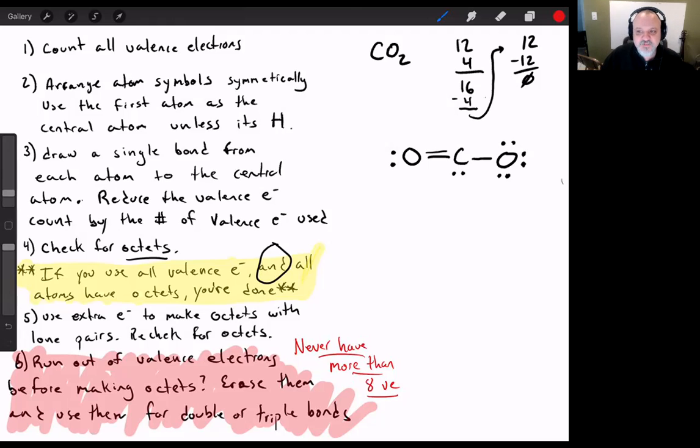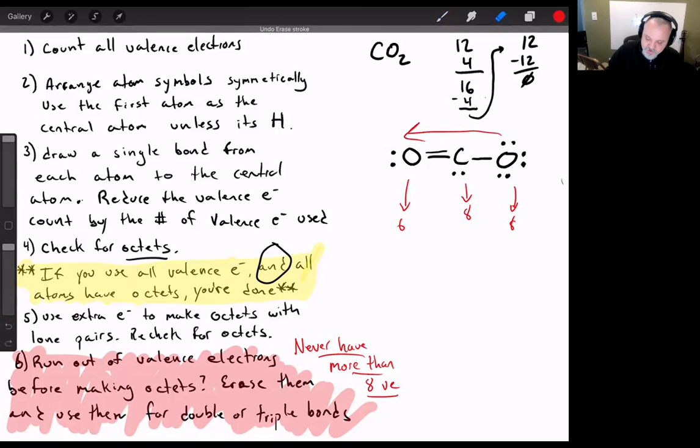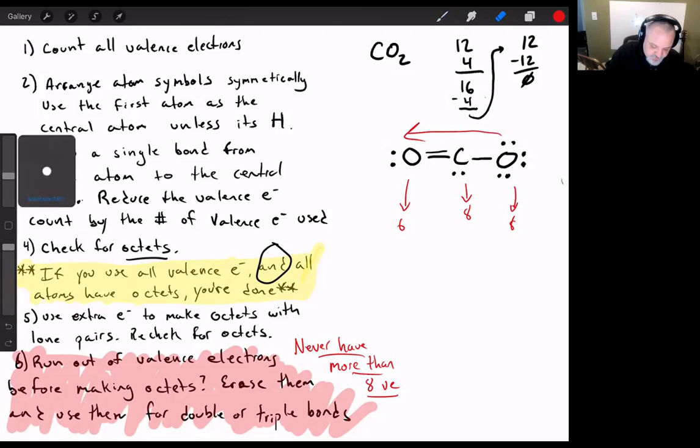What still has an octet, and what still needs to get an octet? Well, I've said that I have 8 here. I have 8 here. I only have 6 here. So I need to get electrons to move that way. And so how do I do that? Let's start erasing. Let's figure this out. Okay, let's think. Can I do this? Let me erase this.